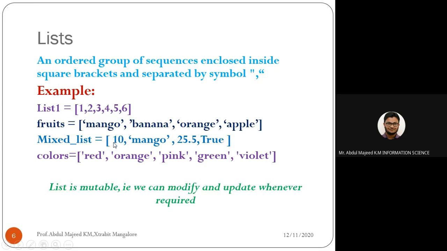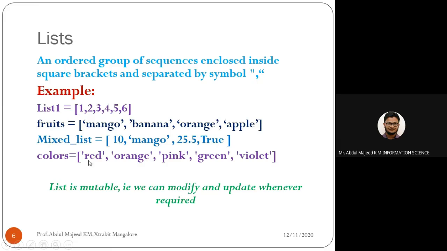In this case, the first element is an integer number, the second element is a string, the third element is a floating point number, and the fourth element is a boolean data type. So we created a mixed list with 10, mango, 25.5, true. Then we are creating one more list called list of colors: red, orange, pink, green, violet.